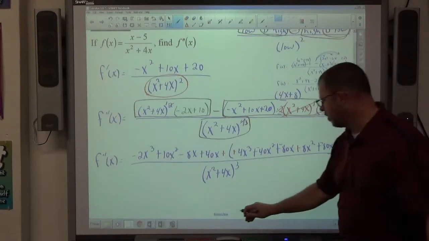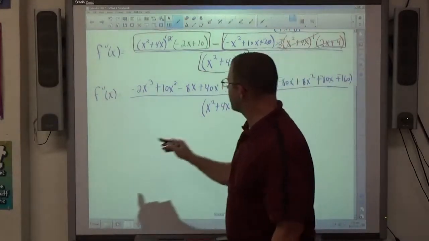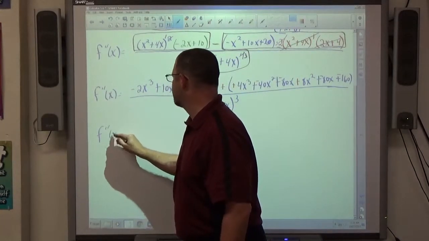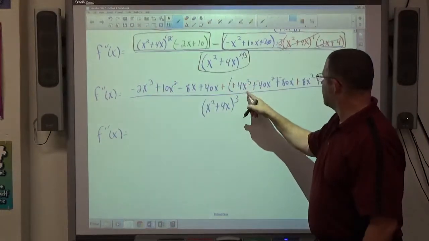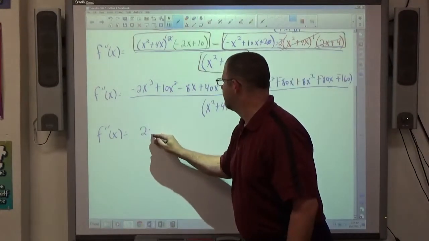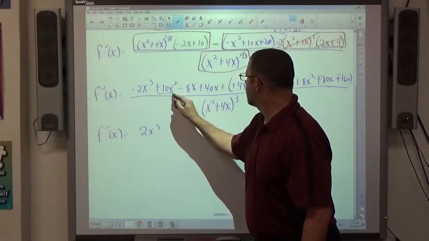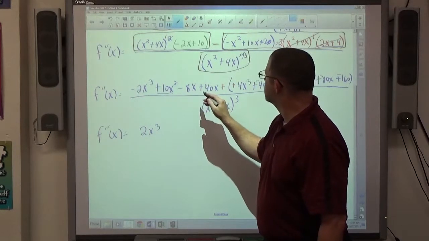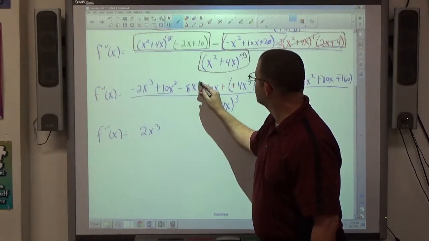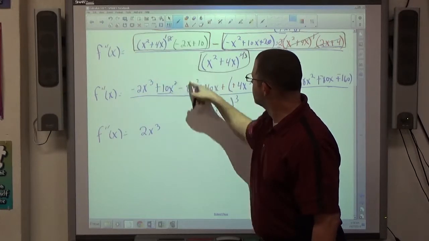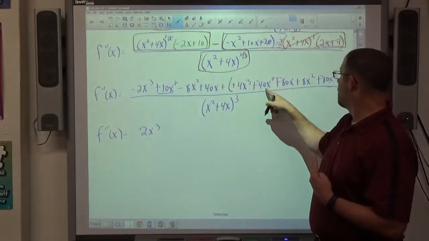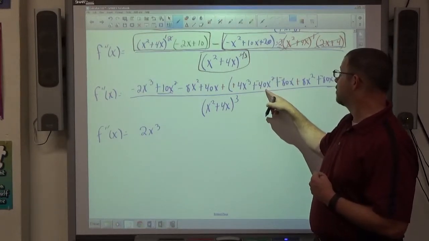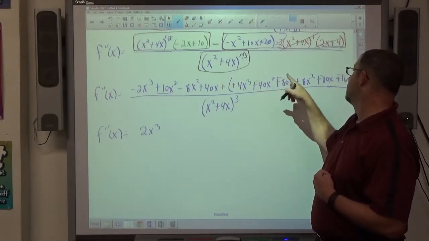So my final result here, f double prime of x, continue to do algebra by adding like terms. I've got negative 2x cubed plus 4x cubed makes positive 2x cubed. I got 10x squared. This should be 8x squared, shouldn't it? Yeah. 10x squared minus 8x squared is 2x squared. Minus 40x squared is minus 38x squared.